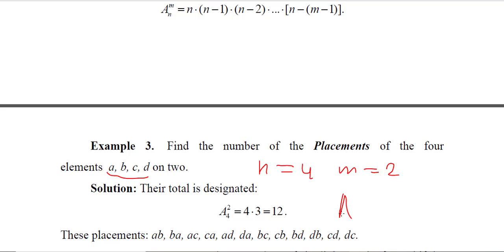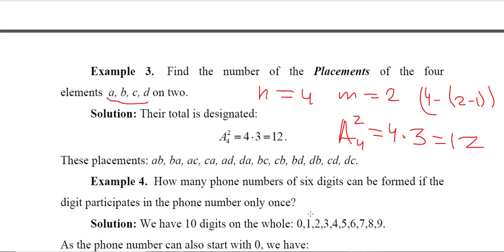So A 4 2 equals 4, then the next one is 4 minus 1, it is 3, yes? And here the last one should be n minus m minus 1, so it means 4 minus 2 minus 1, it's just 1. So we'll continue till 3 just, yes? So it's equal to 12.